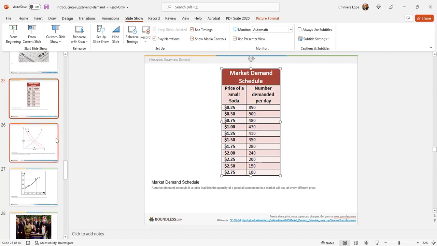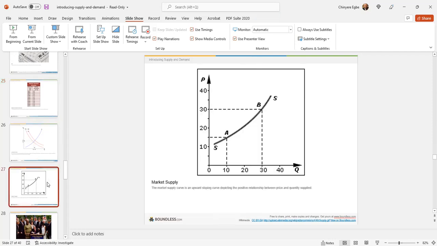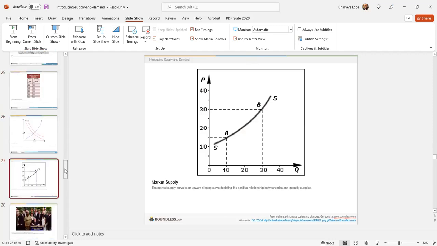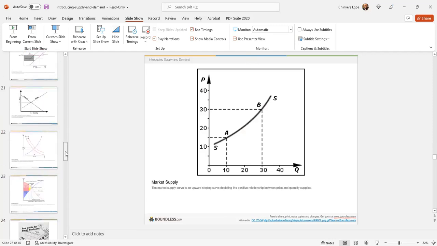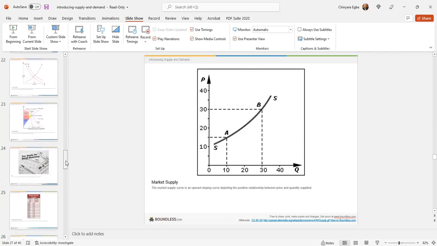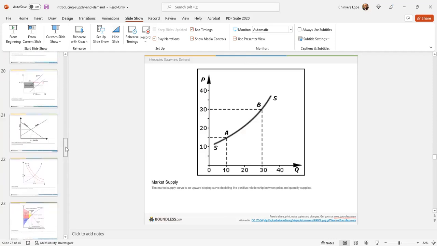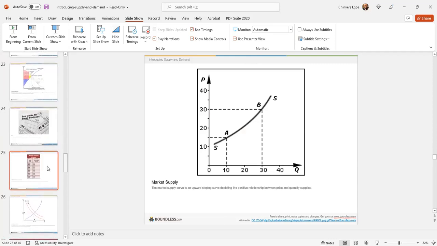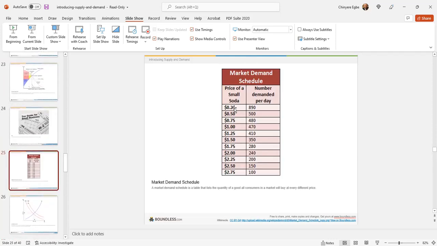Now, the same thing goes for supply. You have a supply schedule. Incidentally, we don't have a supply schedule here, so next time I'm going to prepare better. And so when you look at the demand schedule, as you can see from this, as the price goes up from 25 cents to $2.75, the quantity demanded goes down.